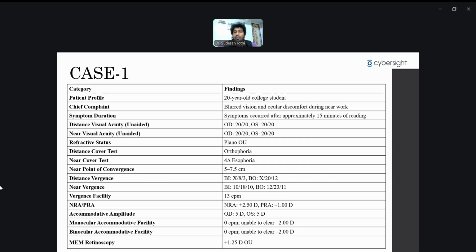Although visual acuity, refractive error, and vergence range including NPC are normal, the accommodation findings are abnormal. The case shows that the patient has a reduced accommodative amplitude, low PRA, failure on accommodative facility, and an increased MEM lag. All this suggests a problem with accommodation rather than vergence.